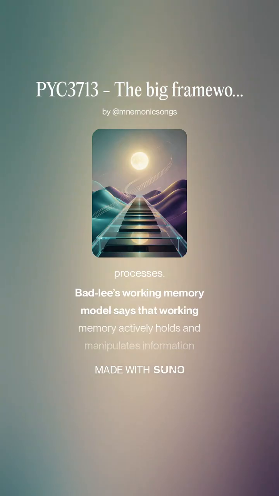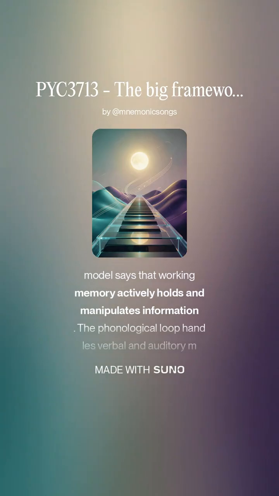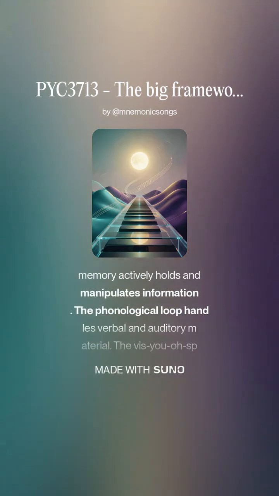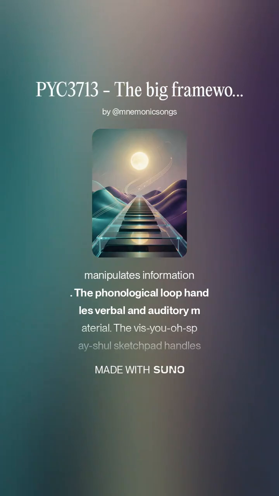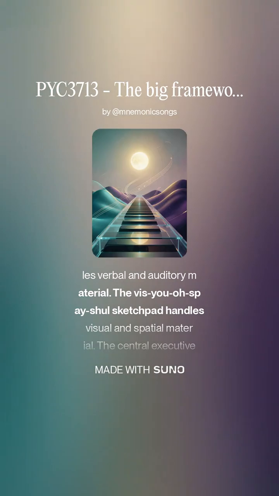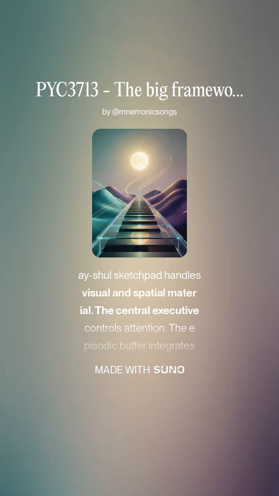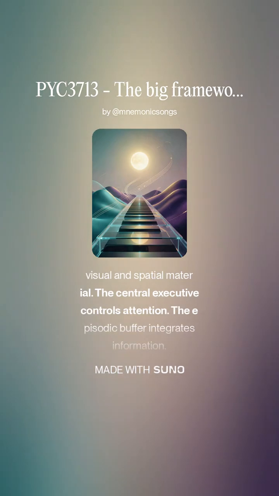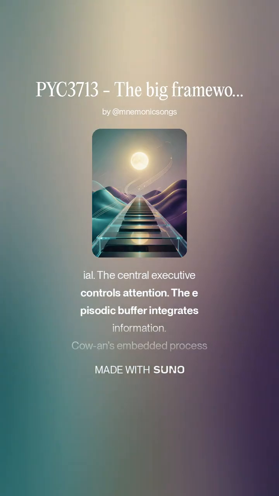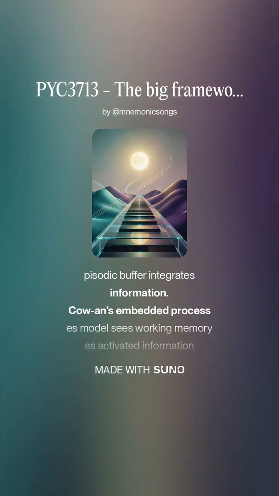Baddeley's working memory model says that working memory actively holds and manipulates information. The phonological loop handles verbal and auditory material. The visuospatial sketchpad handles visual and spatial material. The central executive controls attention. The episodic buffer integrates information.